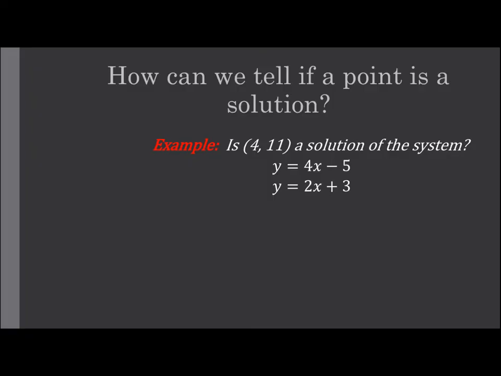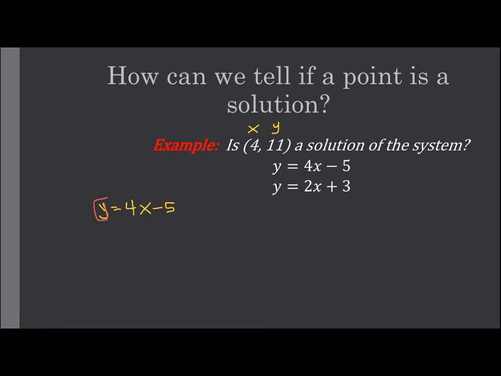How can we tell if a point is a solution? So let's say we want to know, is 4, 11 a solution to the system? Remember, 4 is the x, 11 is the y. In order to be a solution, it has to be true for both equations. So I'm going to check. For the first equation, we have y equals 4x minus 5. And I am going to input some numbers here.